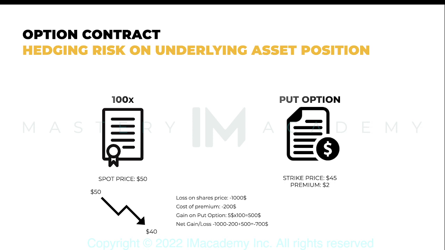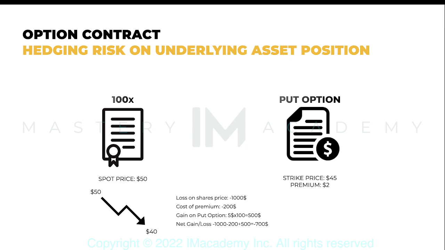So normally we would lose $1,000 if the spot price of our shares fell from $50 to $40. Okay? We also pay the premium to purchase a put option. So it's another $200 expense, because it's $2 per share and we had 100 shares.